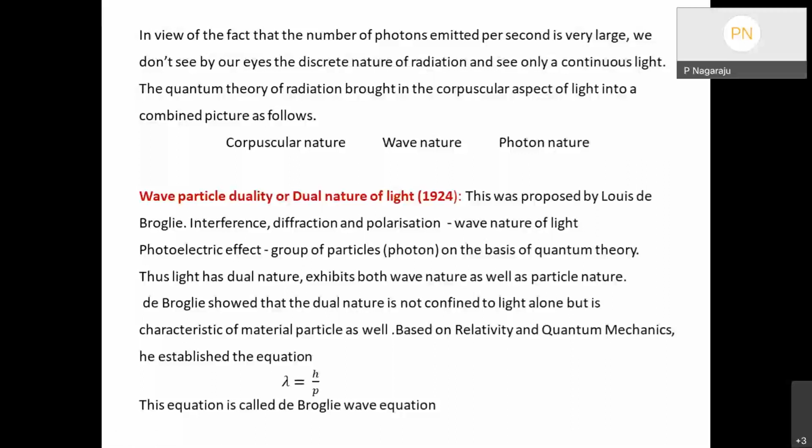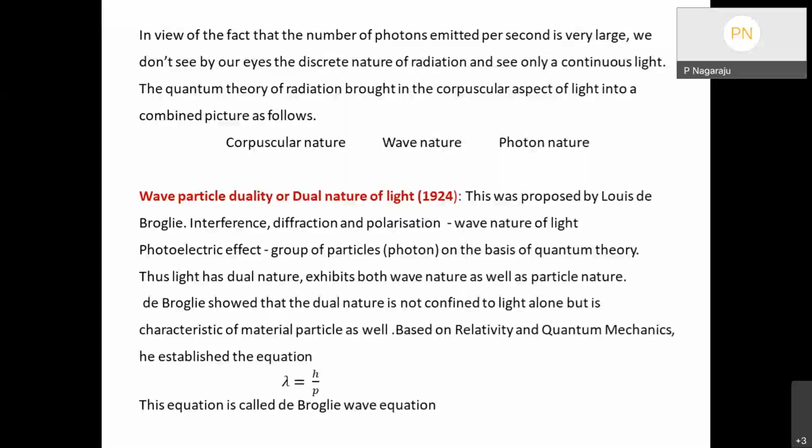And quantum theory of light, no doubt, explained the phenomenon of the black body spectrum. Then the photoelectric effect, I will come to that. Einstein made use of the quantum theory of light to explain the photoelectric effect. But anyway, the photoelectric effect was explained by Einstein, making use of Planck's quantum theory of radiation.